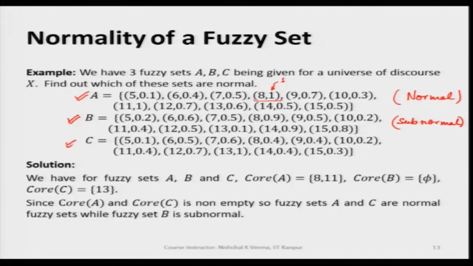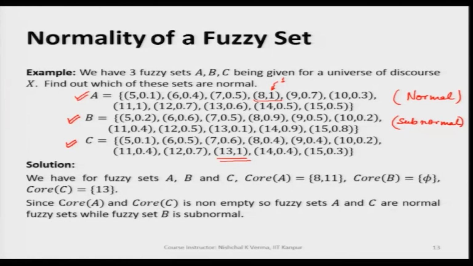Similarly, now let us check fuzzy set C. Just by going through all the points in this fuzzy set, we see that we get this point: the generic variable value 13 has its corresponding membership value 1, and so at least we have one such generic variable value present for which the membership value is 1.